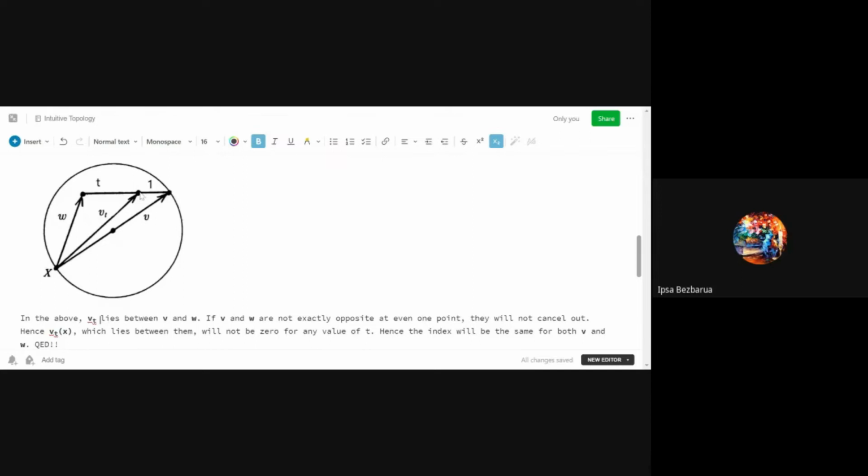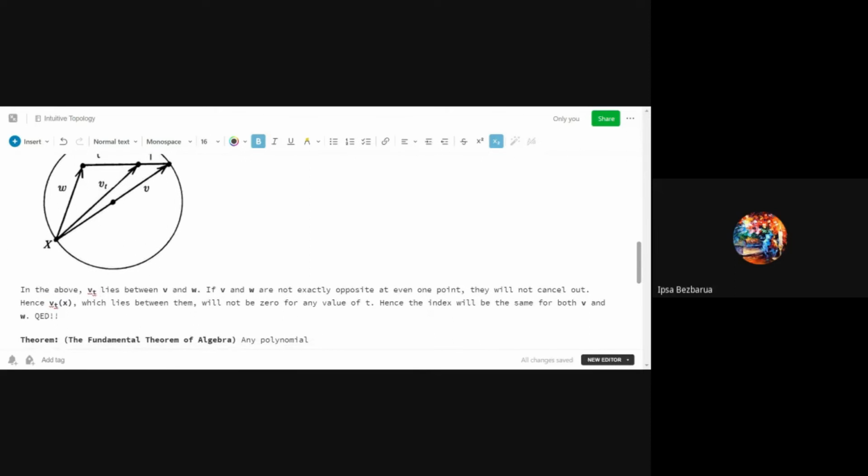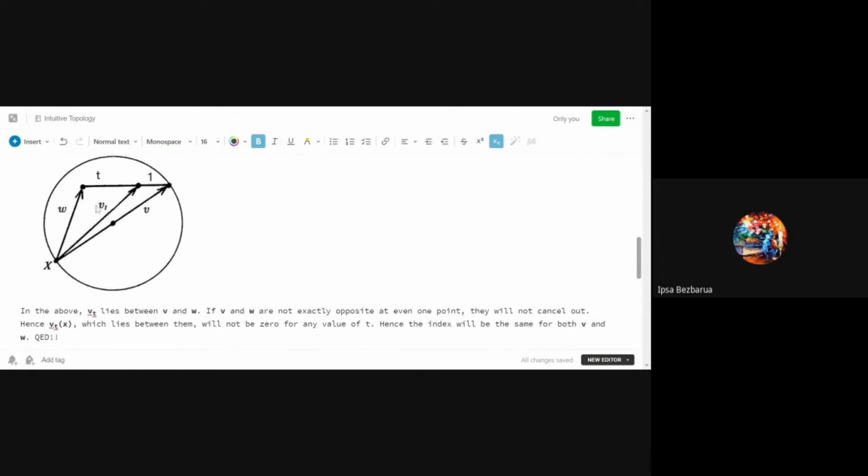At the point of this sectioning, I draw a vector from x to this point, and I call it v of t. So v of t lies between v and w. Because it's lying between them and they are not pointing in exactly opposite directions, v of t can never be 0.